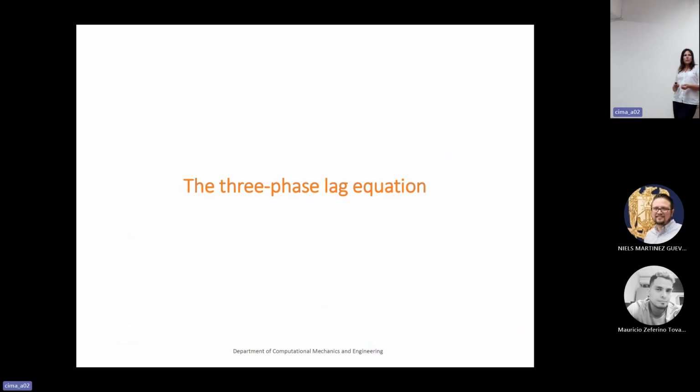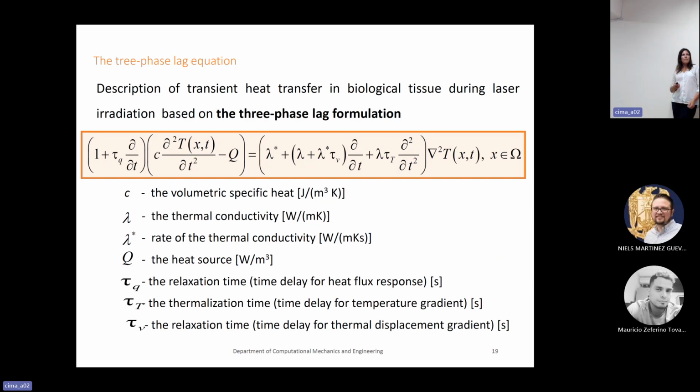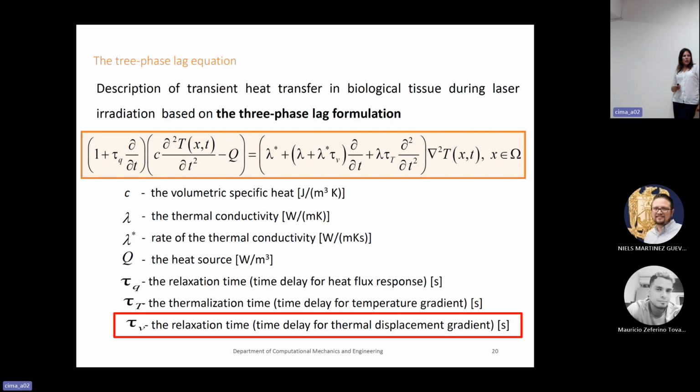And rather new in scientific research, the 3-phase lag equation, much more complicated. And here we have, to be honest, 2 more parameters: the relaxation time delay for the thermal displacement gradient, and also, I didn't mark it, the rate of the thermal conductivity.